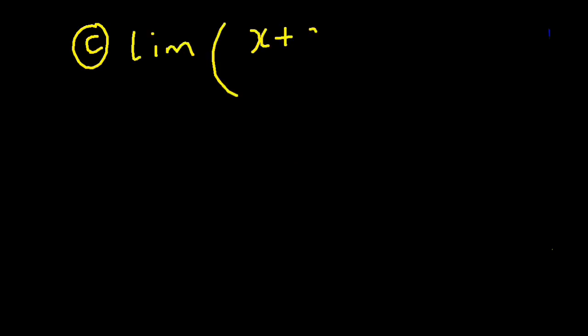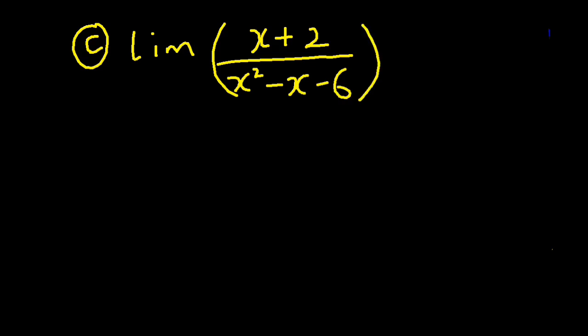Now let's look at another example. So example C, we have the limit of x plus 2 over x raised to power 2 minus x minus 6 when x tends to minus 2.